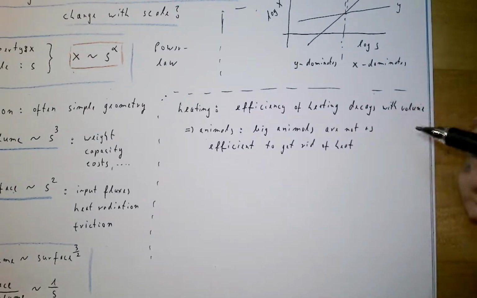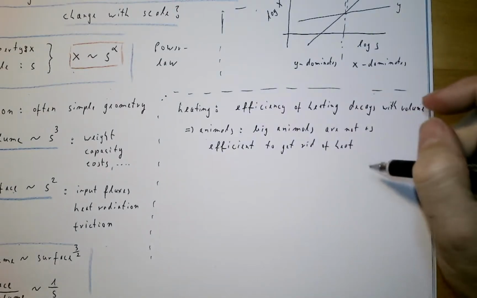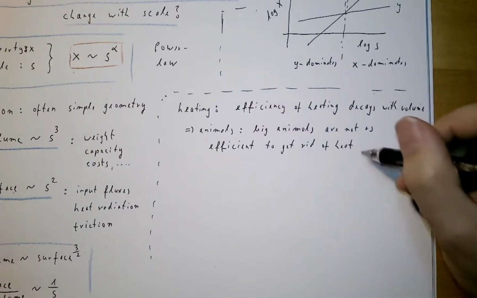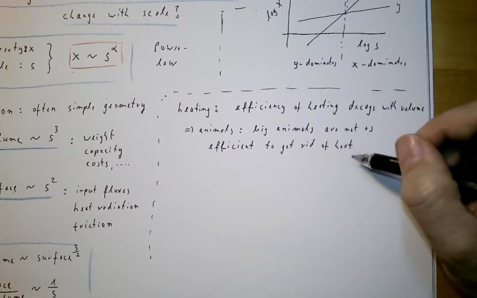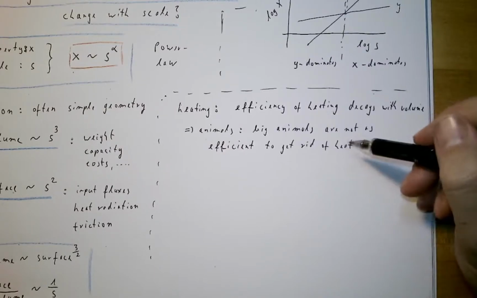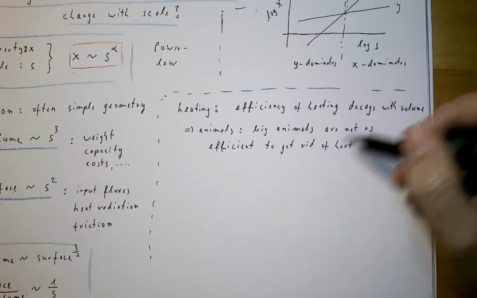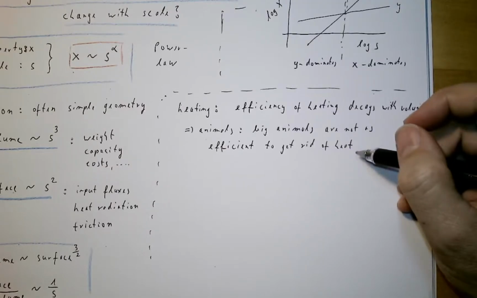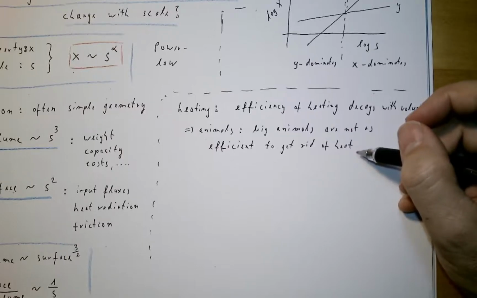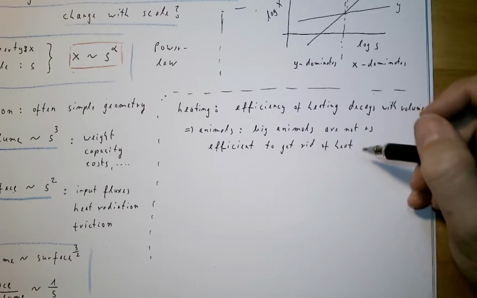Now take a hot place. You're somewhere in Africa, and you have a small mammal, a small mouse, and an elephant. The mouse has a rather large surface to volume ratio, has a large surface, and has not so many problems getting rid of the body heat, whereas the elephant has a lot of problems getting rid of the body heat.